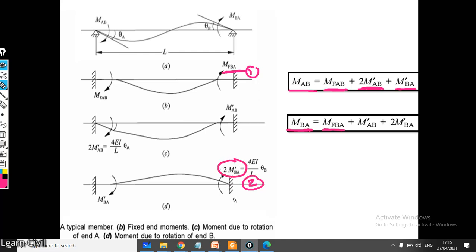For BA, the near end will be B. So here the bending moment developed is twice M dash BA, add it here, and the bending moment developed due to rotation of far end A will be M dash AB. So this is the final equation of Kani's method.